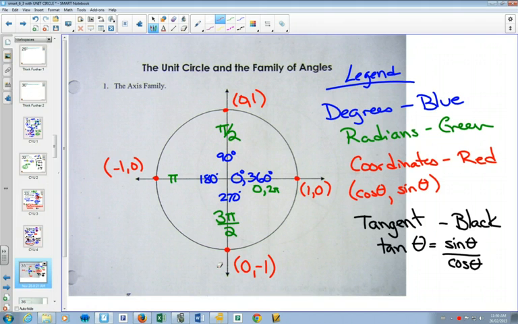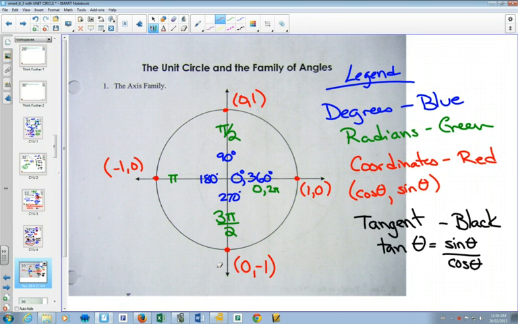Pick someone. You can just say it from there. First one's always the hardest. Cos of 90 degrees. Close.